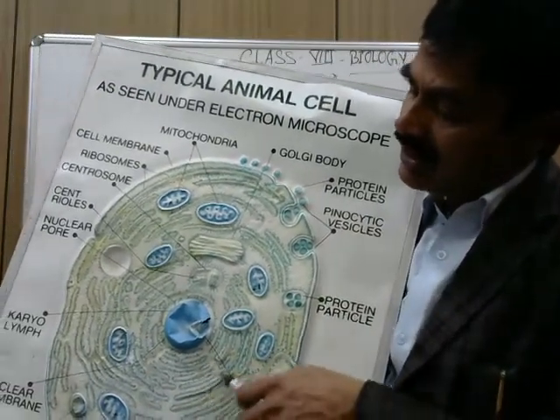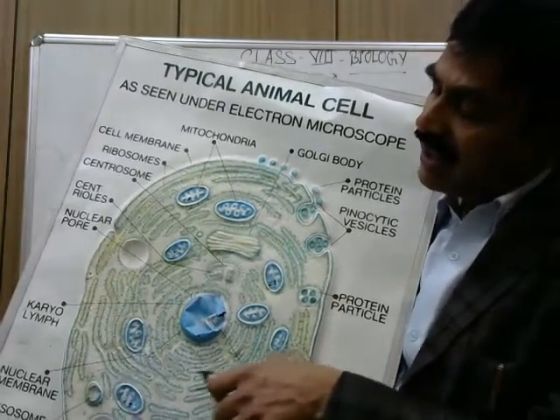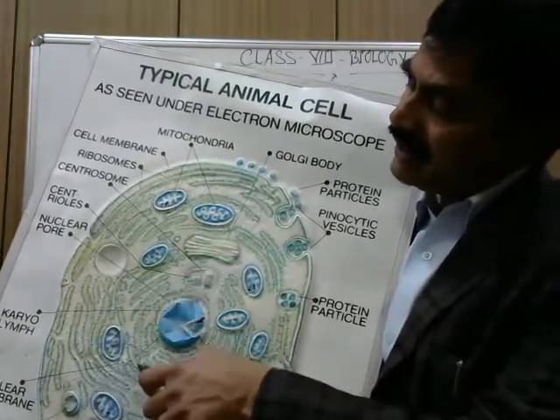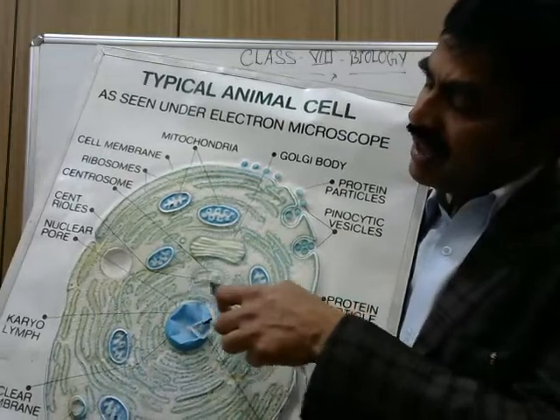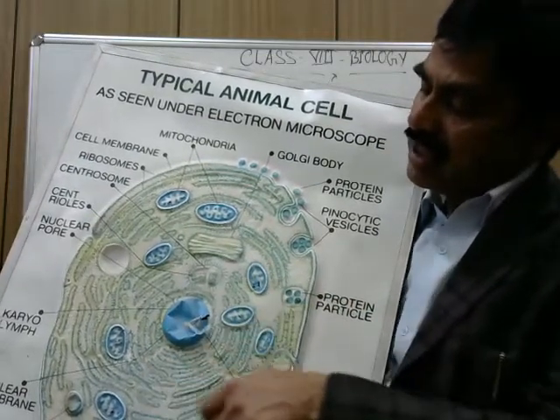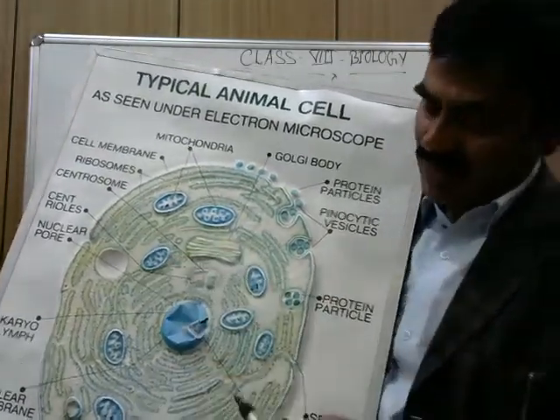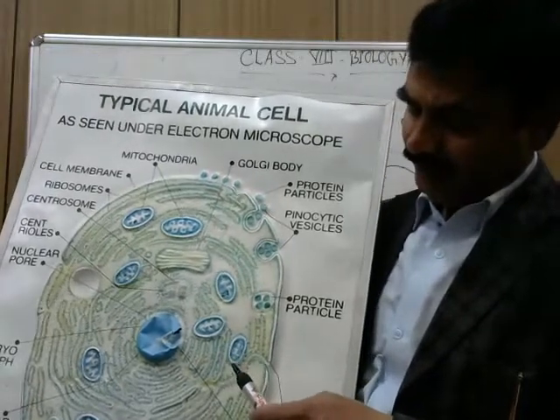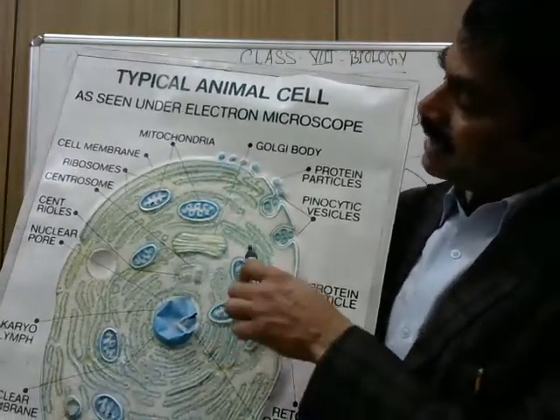And look at this network-like structure, which is outside the nucleus, present in the cytoplasm. This is known as endoplasmic reticulum.